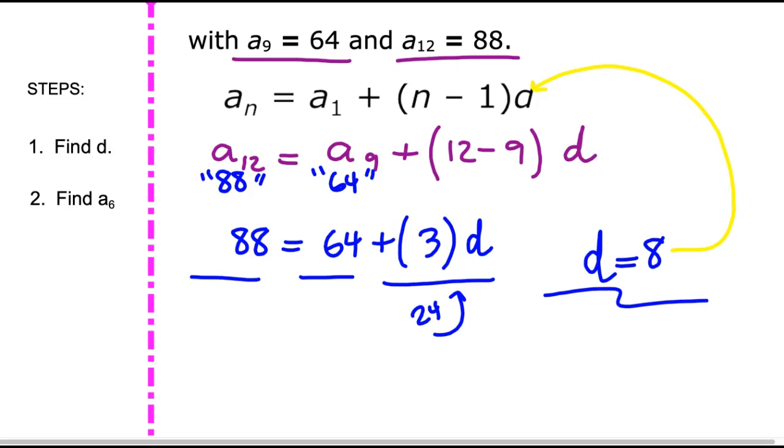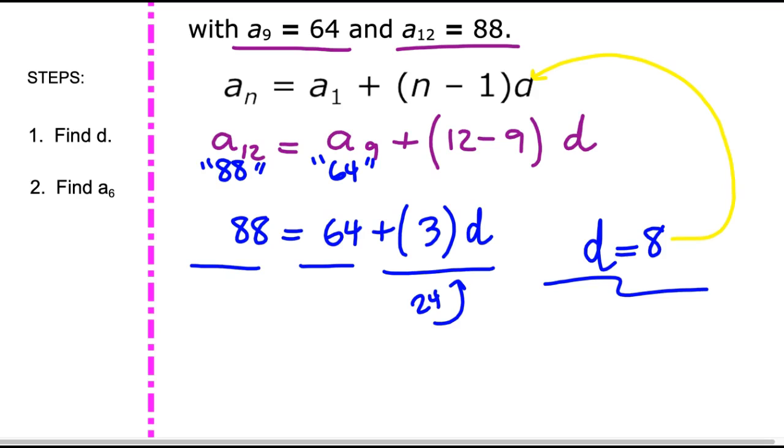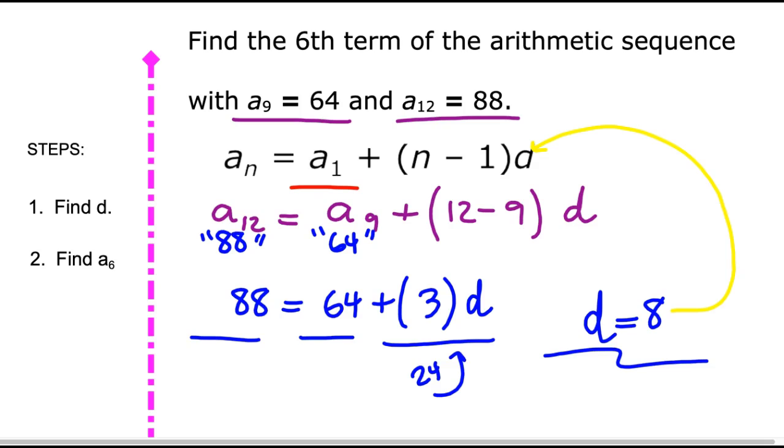Yeah, so that's weird. So now we need to find a sub 1 to use the formula, right? So how can we find a sub 1 given that we know the common difference, and we have 2 choices to pick. We could use a sub 9 or a sub 12. Which one do you want to use?